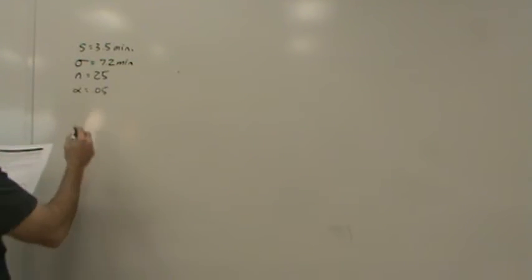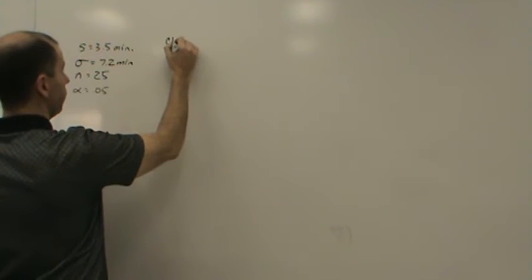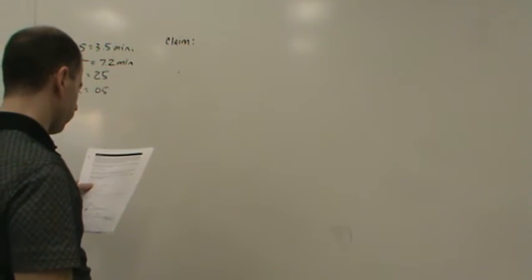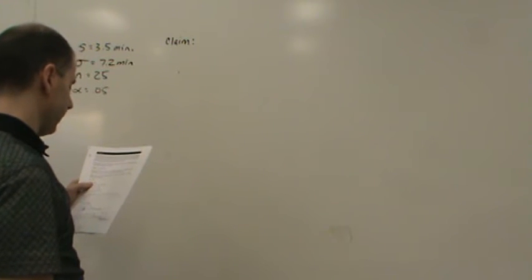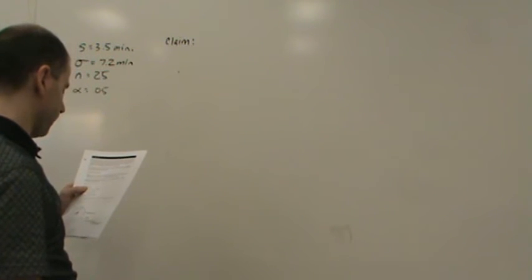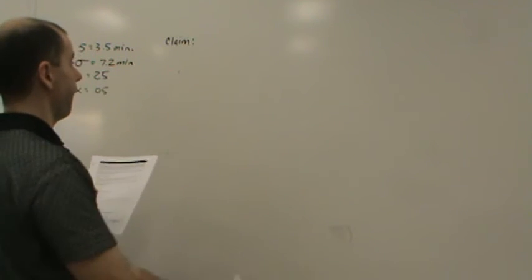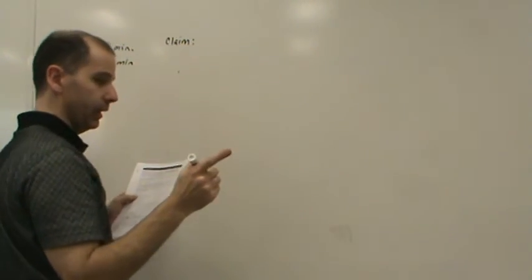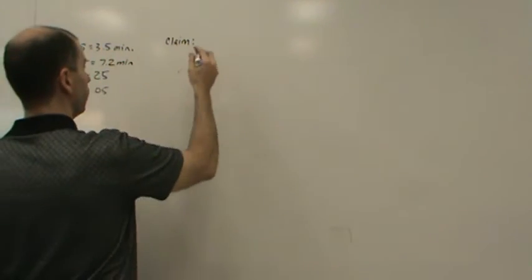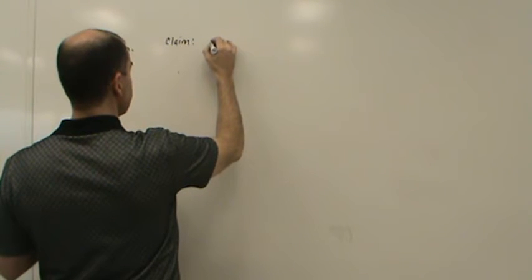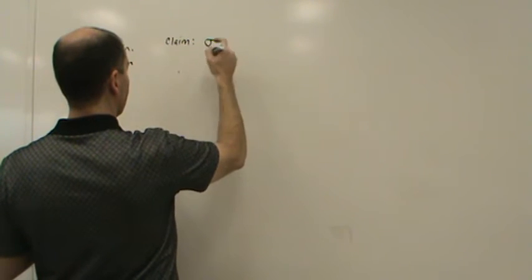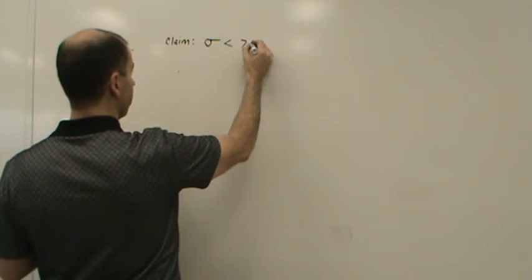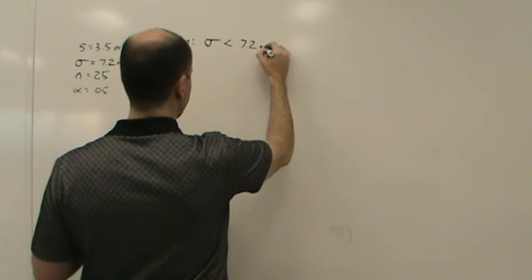So again, here's the claim. The claim is that the variation among waiting times for customers in one single line is less than what we have in multiple lines. So they're saying that sigma is going to be less than what we normally have, which is 7.2 minutes.